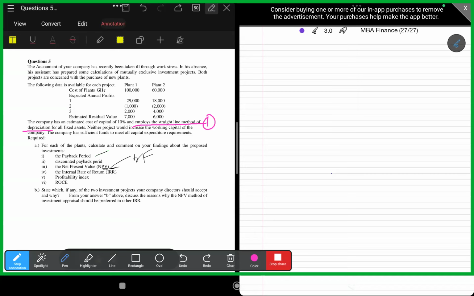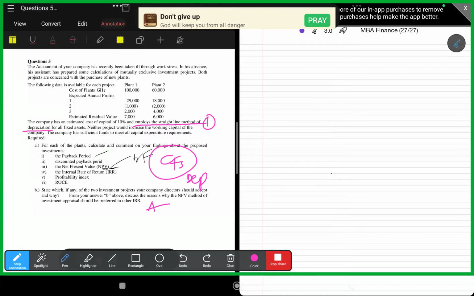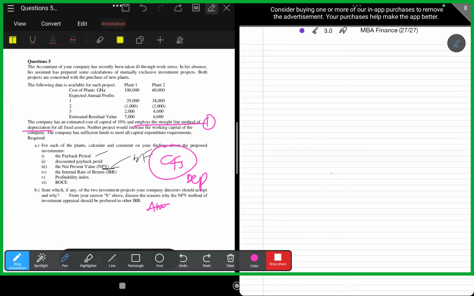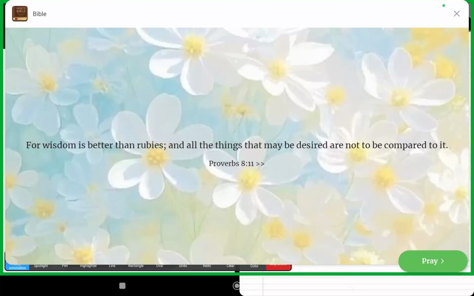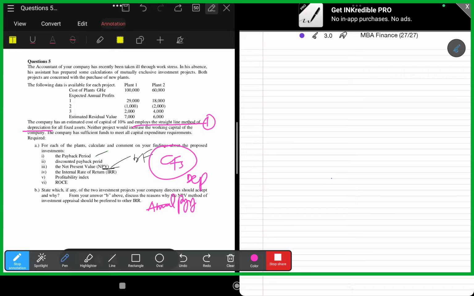In some cases, when they are straight cash flows, the question will never make mention of depreciation. It will rather make mention of depreciation when it's about annual profits. When the business makes mention of annual profit, it will go in line with depreciation.